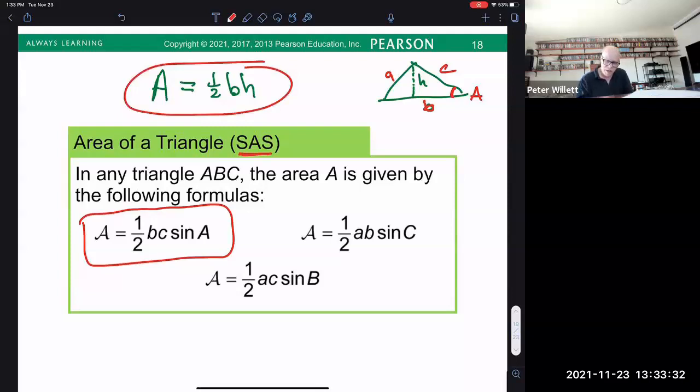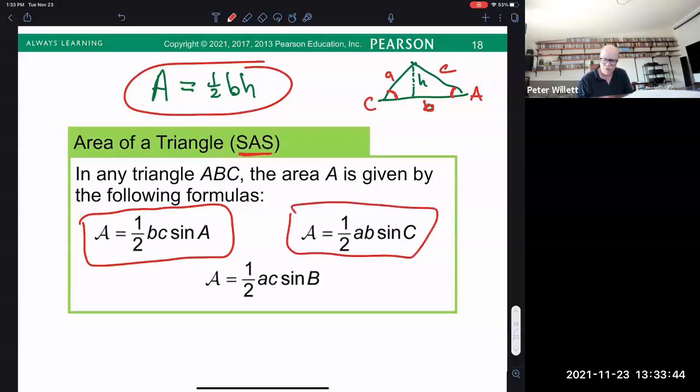Now let's say instead that you know sides A and B. Well, if I know sides A and B, the angle between those will be angle C. And if I take that same product of the two sides and the sine of the angle between them, I get the area. And the same thing if you know sides A and C and angle B between them.